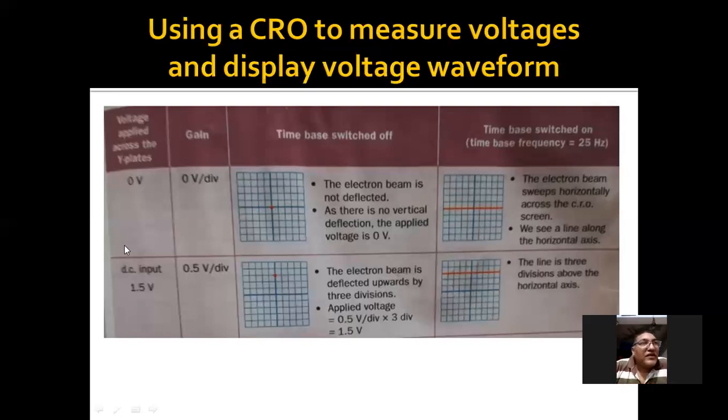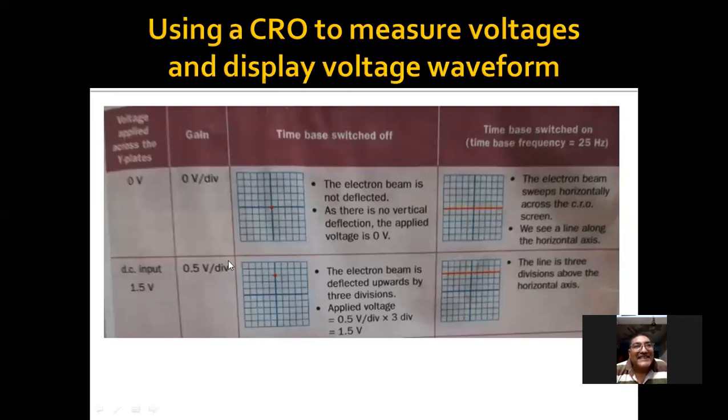Now in this second case, we have connected a 1.5 volt DC, the cells, 1.5 volt direct current. The scale of the y-axis is 0.5 volt per division, and the voltage you have connected to the Y input is 1.5.